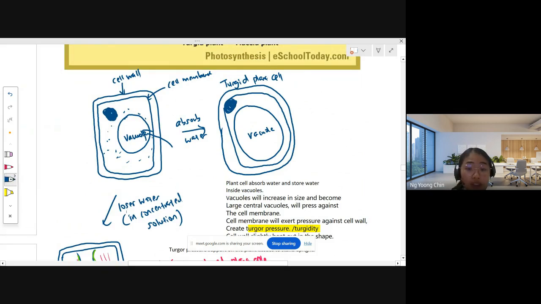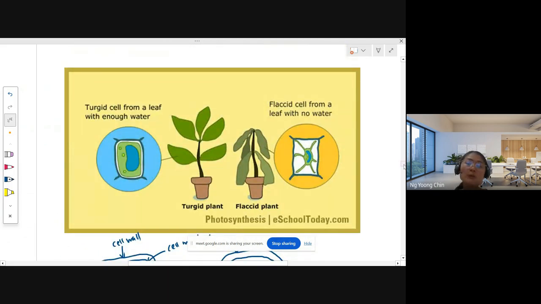Okay, let me add on. So absorb water in the dilute solution. The plant cell will absorb water, then will become turgid. This is what will happen when you put the plant cell in the dilute solution. The importance of turgidity is that plant cells require turgor pressure to support themselves to stand upright.